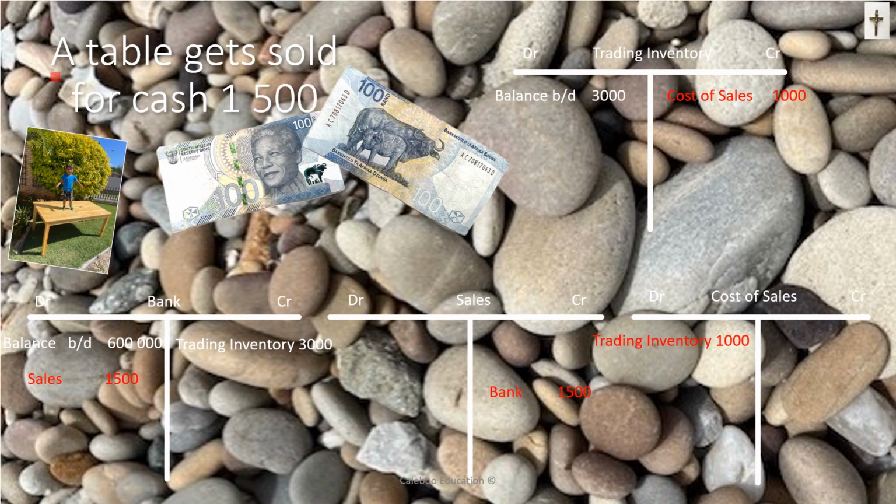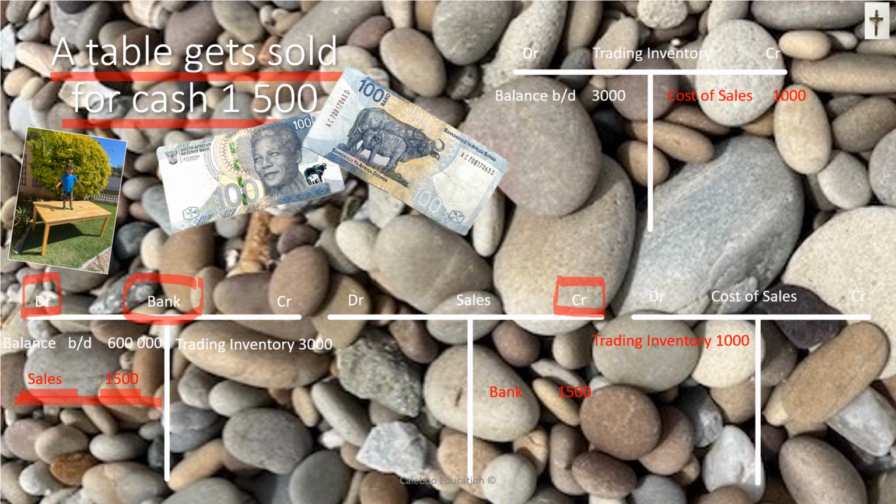So from the previous slide, a table got sold for 1,500 Rand. So there are two parts to the sale. I did scribble it down on the previous slide, but I've typed it out neatly here. The sale was for cash, so our bank balance increased by 1,500 Rand. The contra account was sales, so bank was debited, an increase in assets.